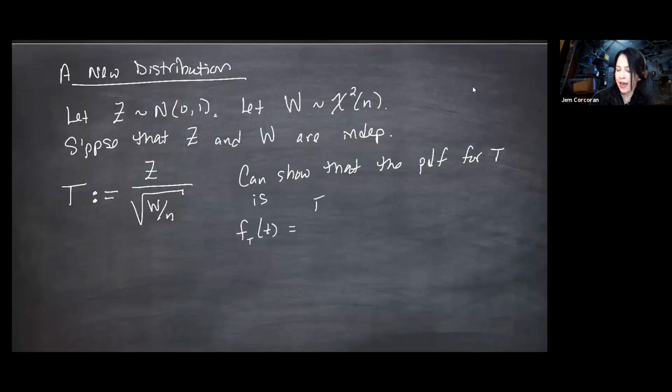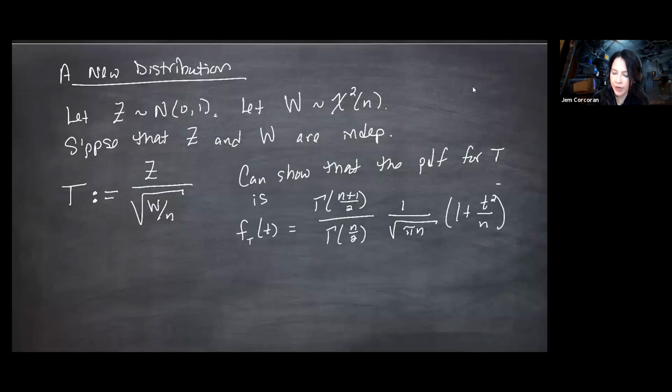This is going to be gamma of (n plus 1) over 2 over gamma of n over 2, 1 over the square root of pi times n, both in the square root, times 1 plus t squared over n to the minus (n plus 1) over 2. And then this doesn't need an indicator. This is going to hold for all t between minus infinity and infinity.